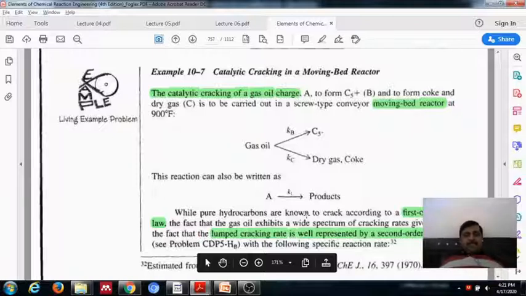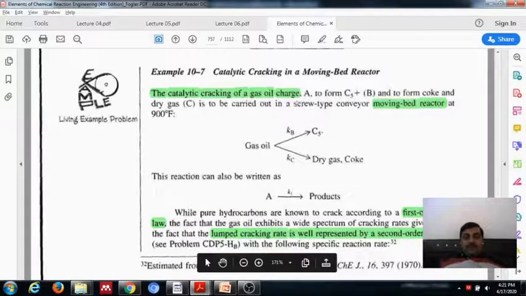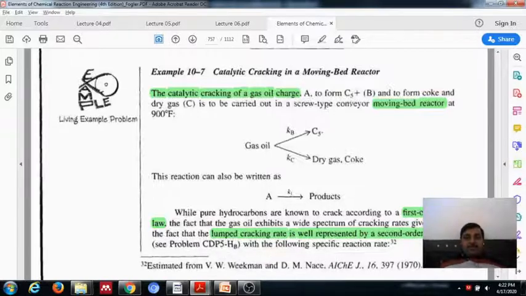Let us try to go through the problem and try to understand the application of the moving bed reactor. So the example says the catalytic cracking of a gas oil charge, where we are taking gas oil as A, to form C5 plus components, which typically cokes out and gives dry gas, which is being carried out in a moving bed reactor at about 900 degrees Fahrenheit.